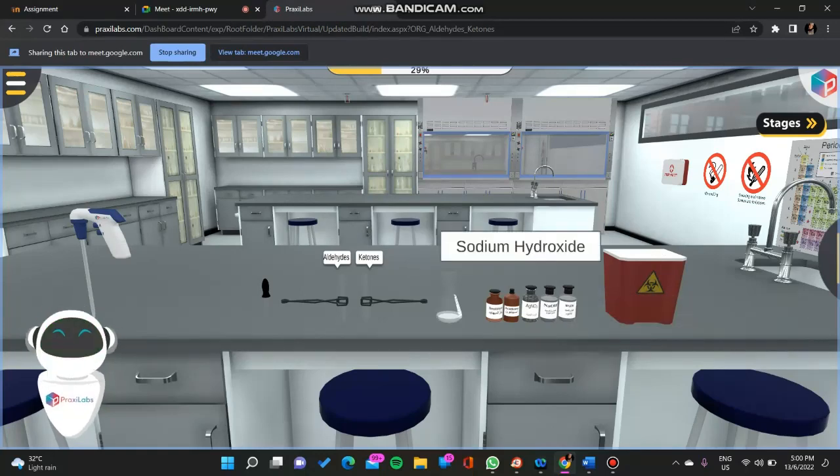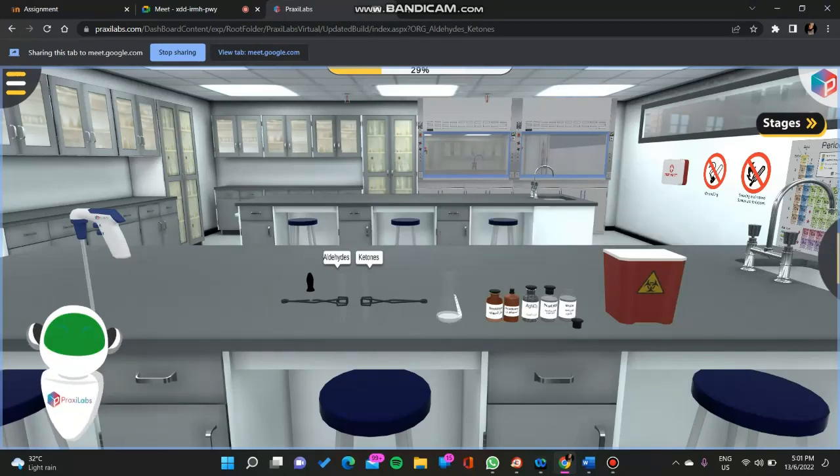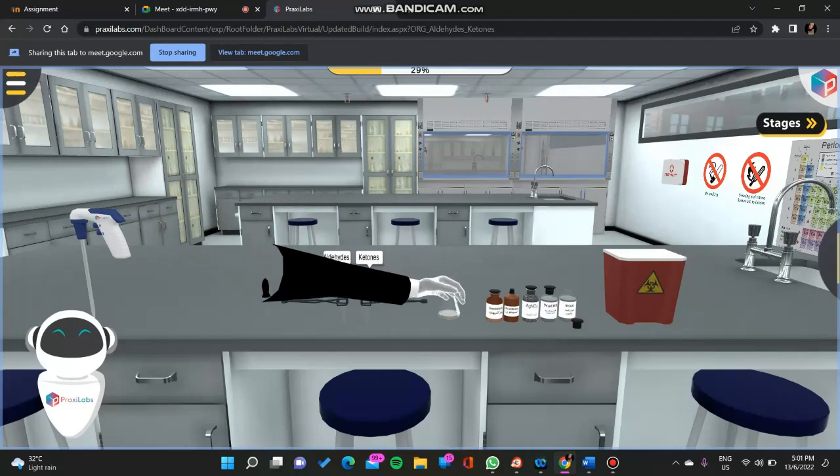Now we are going to add ammonium hydroxide solution drop by drop until the precipitate just dissolves.